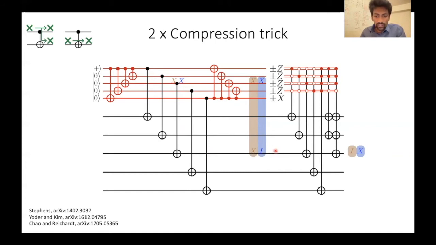So although they form different errors on the data qubits, these 2 faults give us the same error on the ancilla qubits. And when you measure these qubits in the Z basis, the X error triggers the Z measurement, and you end up getting the 0010 flag measurement outcome, which corresponds to one particular correction.